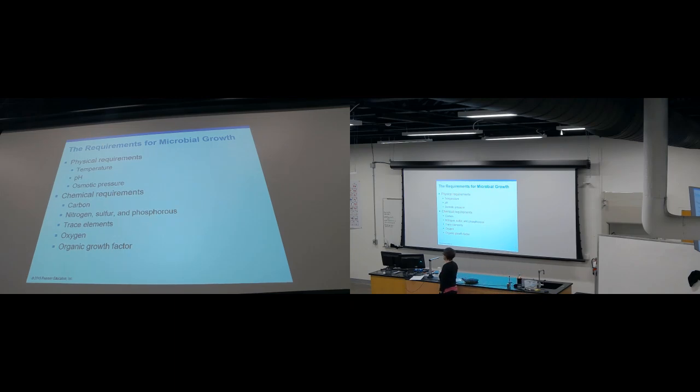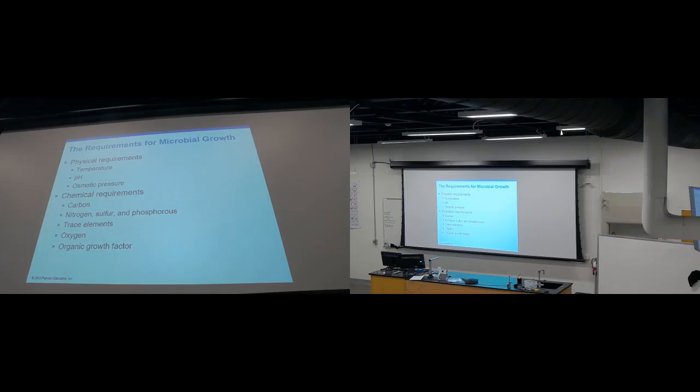And the bacteria have to be in equilibrium with the concentration of ions or solutes in the environment. This is osmotic pressure. Bacteria have developed the ability to survive in harsh environments, for instance by having a cell wall that helps them resist this osmotic pressure.